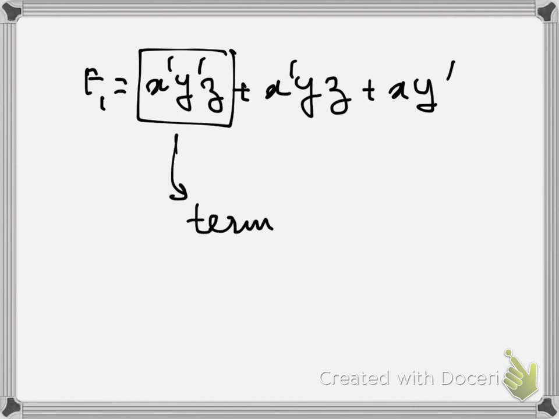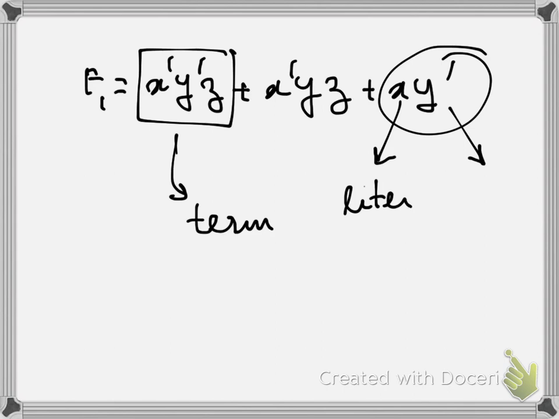And in each term, each of these is called a literal. Here the function f1 has 3 terms, and in the first term you have 3 literals, in the second term you have 3 literals, in the third term you have 2 literals.